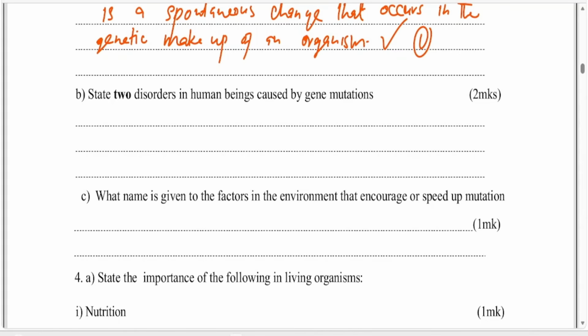So we have sickle cell anemia. And sickle cell anemia is caused by a mutation of a gene that produces hemoglobin in the red blood cells.